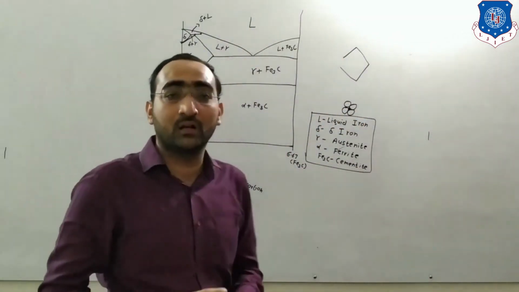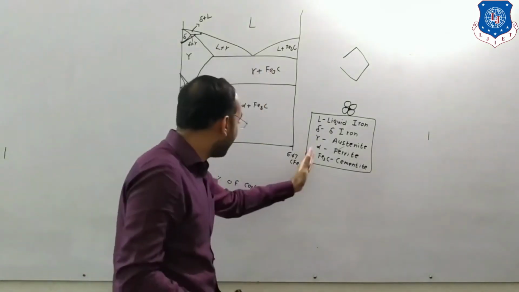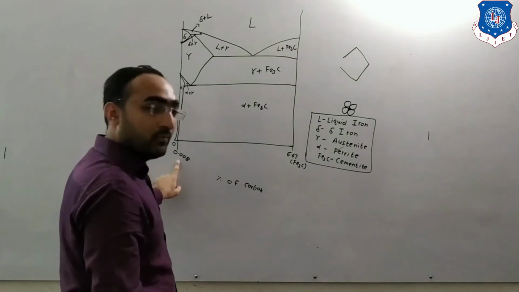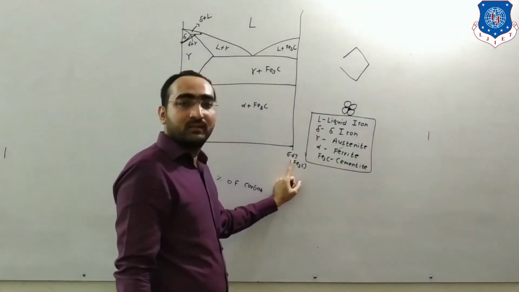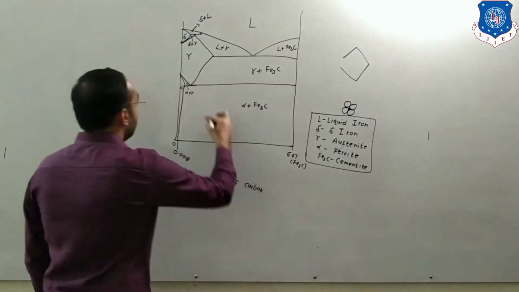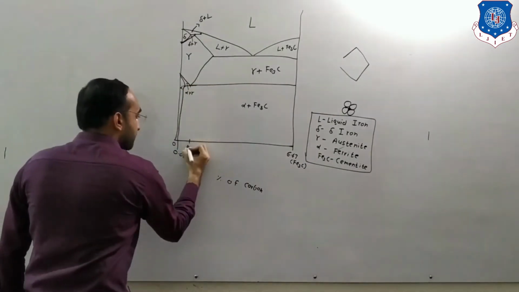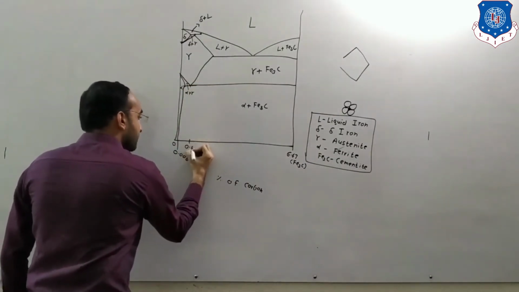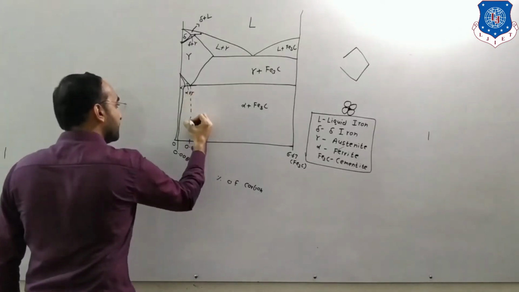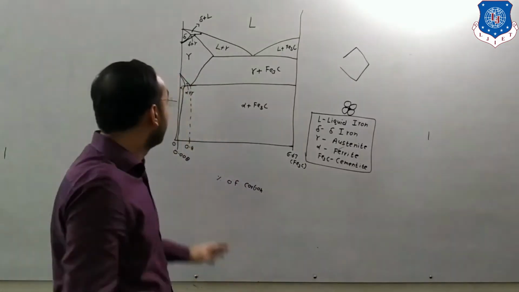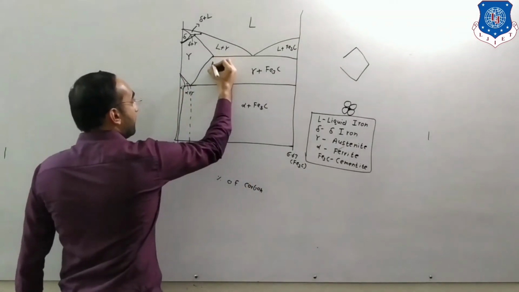Now the third point comes, that is the percentage of carbon we have to plot. We already have 3 things: 0, 0.008 and 6.67. Now we will go to this particular point. This point is located at 0.8% carbon. Next comes this point.